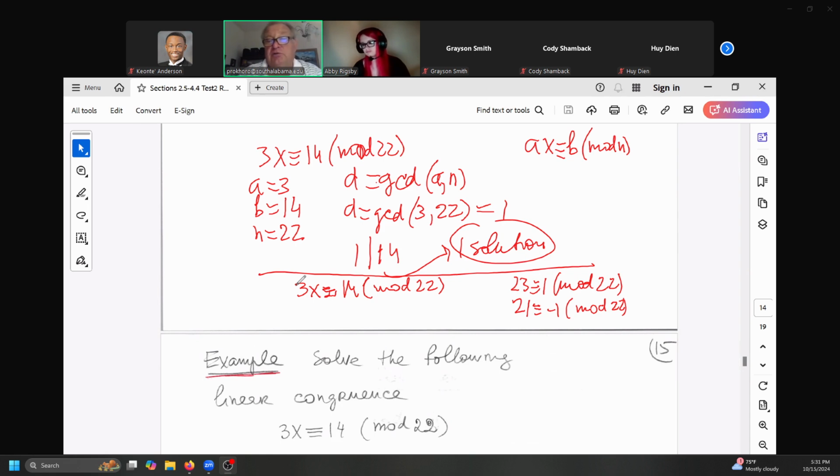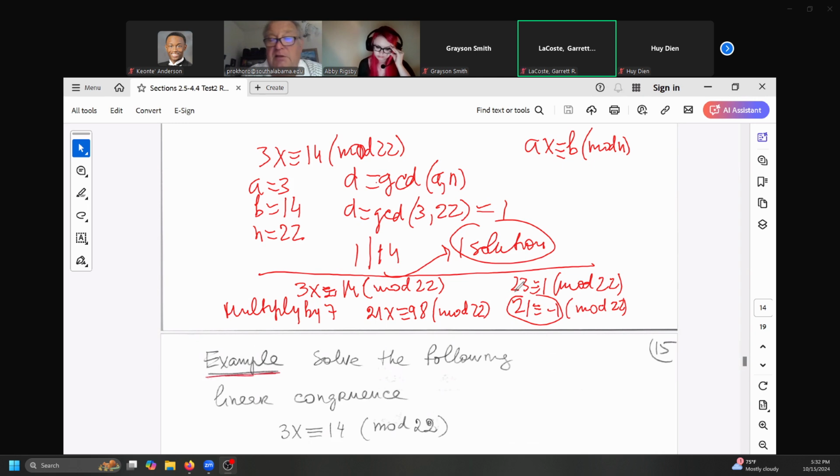out of 3. So we'll take this equation and multiply by 7. Write it. So what will we get? 21x is congruent to, what is 14 times 7? 98. And modulo 22. And then instead of 21, what can I write now?